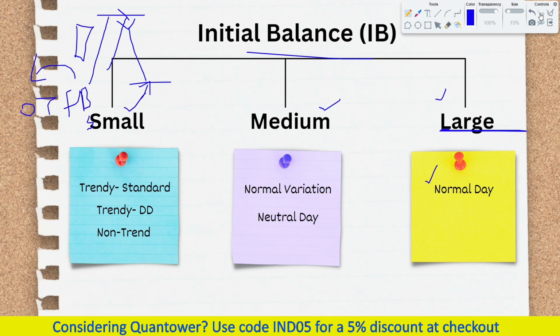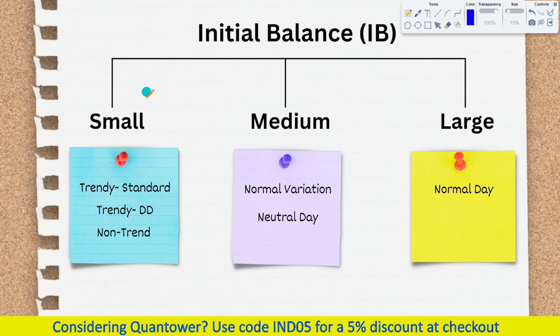Okay, hope you understood. So this sort of scenario happens. So that's the reason, for a normal day, if the IB is large, that indicates the majority of the activity which needs to happen on that day has happened in the first hour itself. So very less chances. Yes, you cannot say like this, if the IB is big, then there is 100% chance it will stay in that particular range.